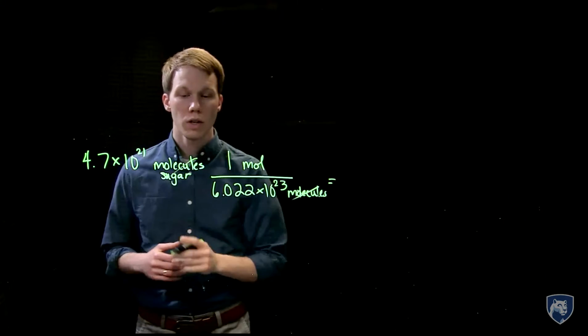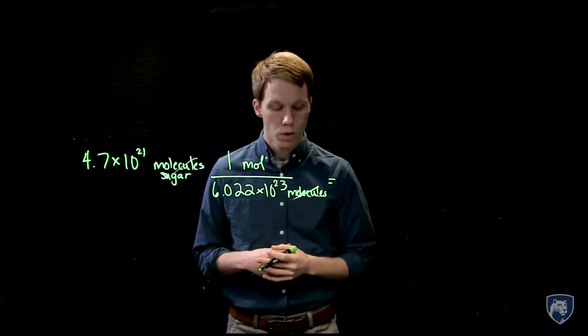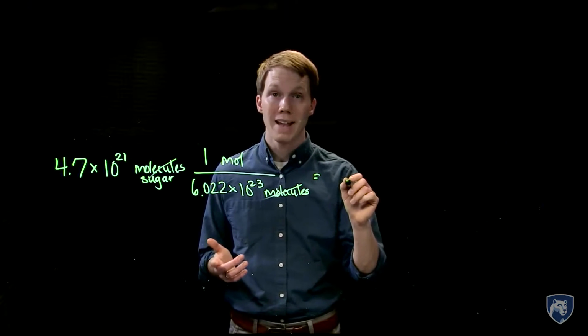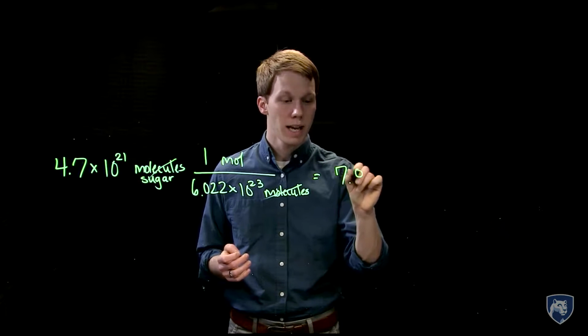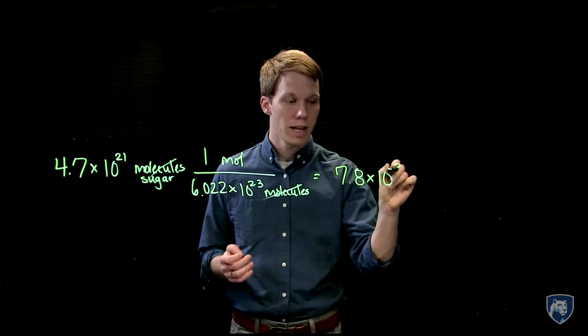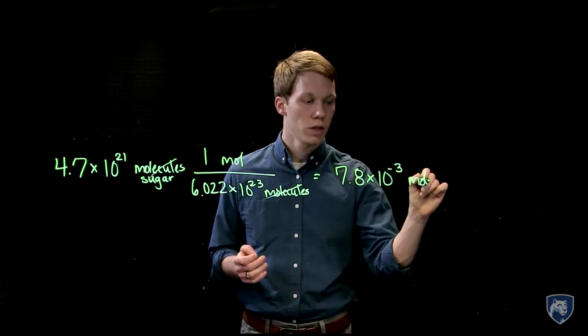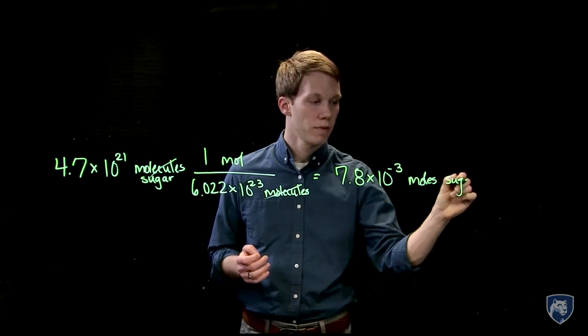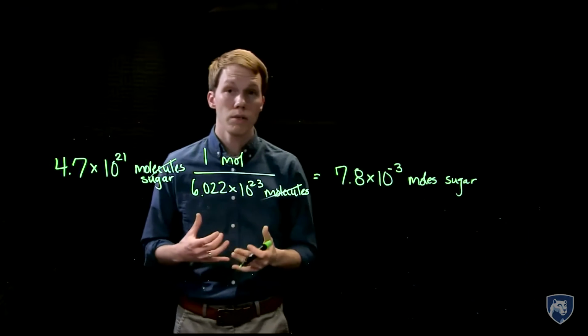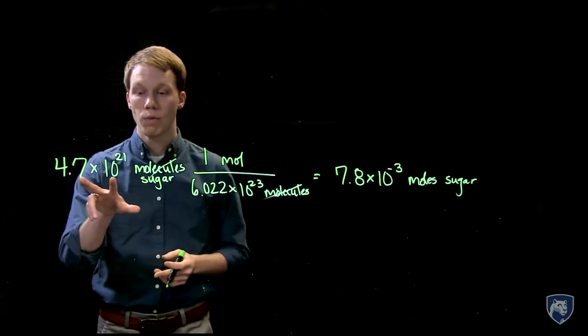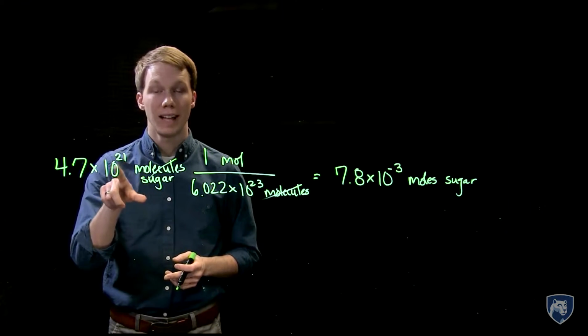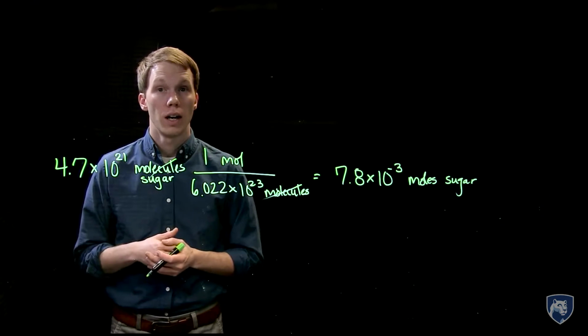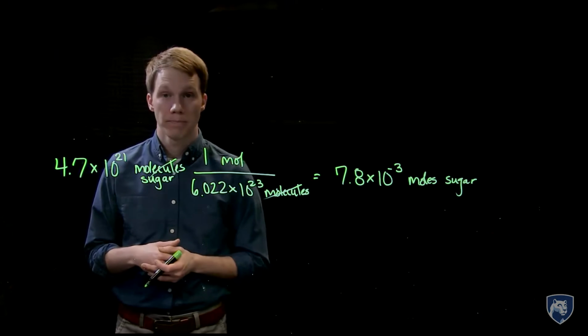So my molecule unit will cancel and I'll be left with moles. And working out the math, we get 7.8 times 10 to the negative 3rd moles of sugar. So a small number of moles, less than 1 because we have less than 1 mole of sugar molecules.